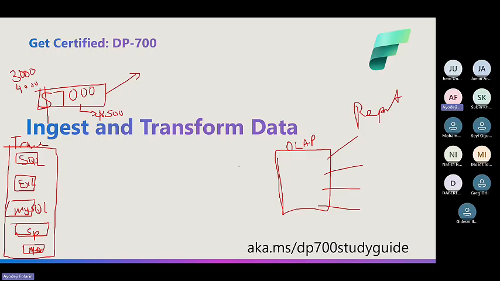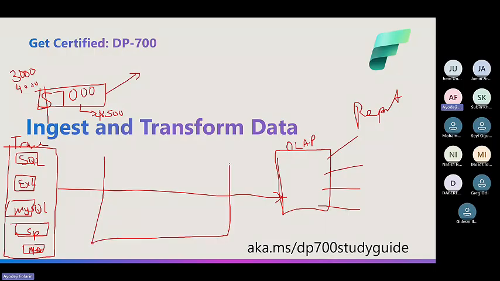Now, how can we get data from the source to the destination? Not just getting it from the source to the destination. During that movement of bringing data from the source to the destination, there is need for us to make sure that the data set is fit for use. And to make the data set fit for use, we do what we call transformation.